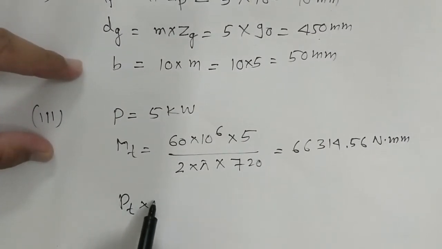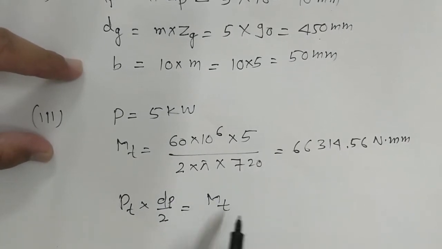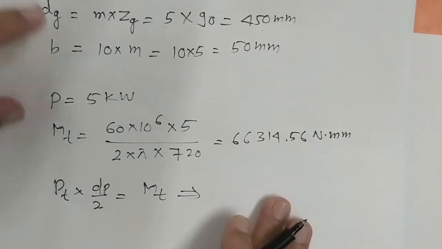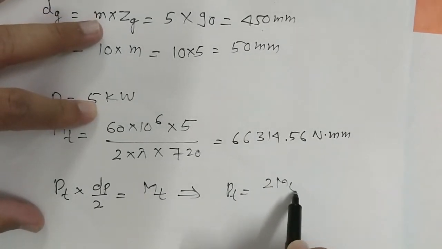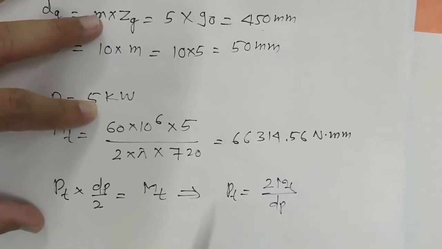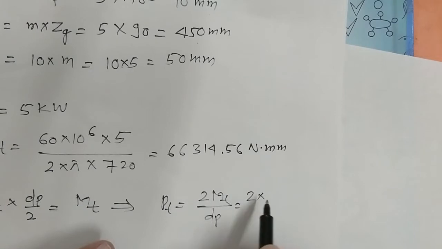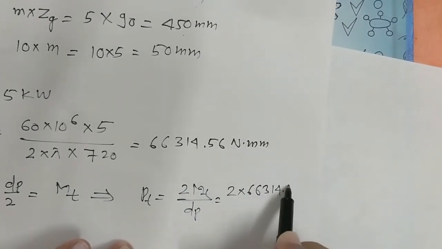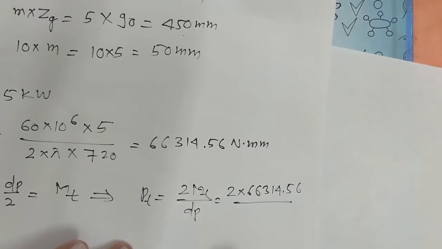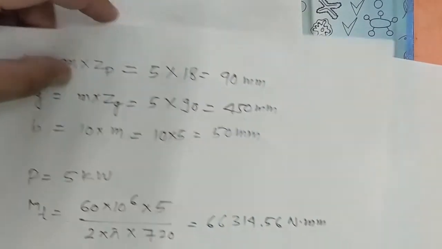So using this rated torque we can calculate the tangential force, and tangential force is given as Pt multiplied by dp divided by 2 is equal to Mt. So Pt is given as 2 times Mt divided by dp. So this becomes 2 times 66314.56 divided by dp, which is 90 mm.